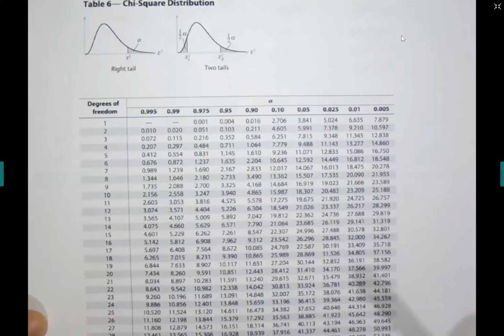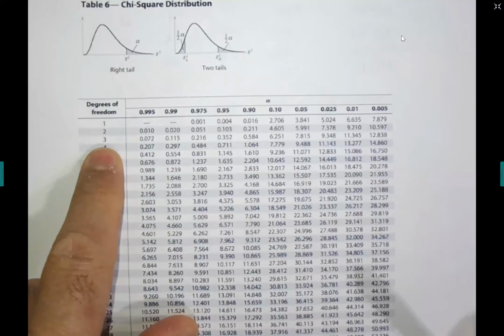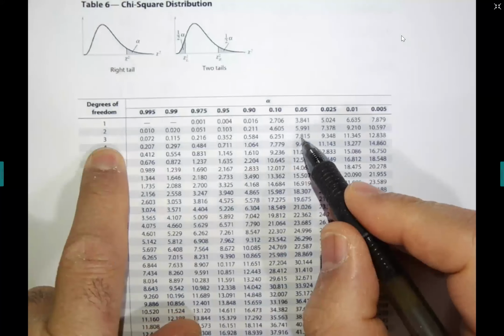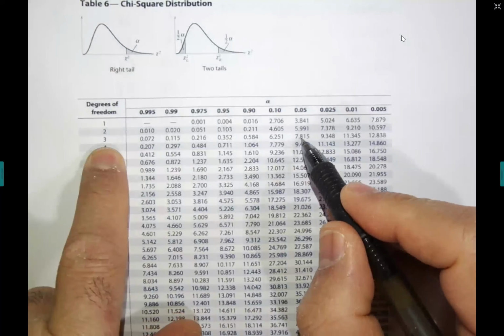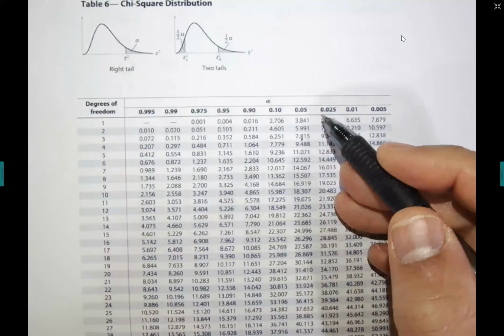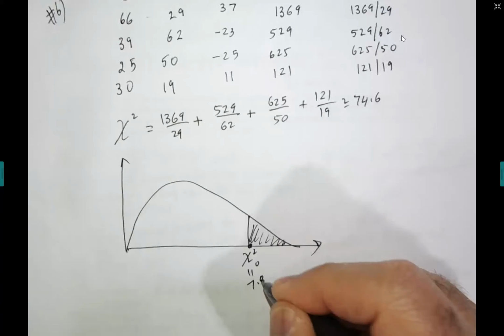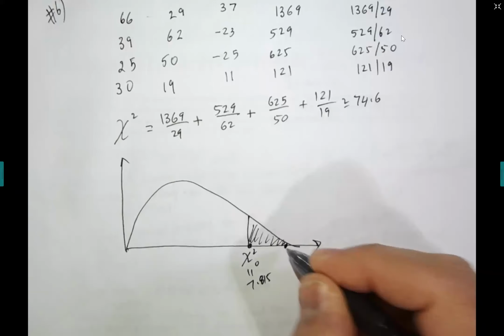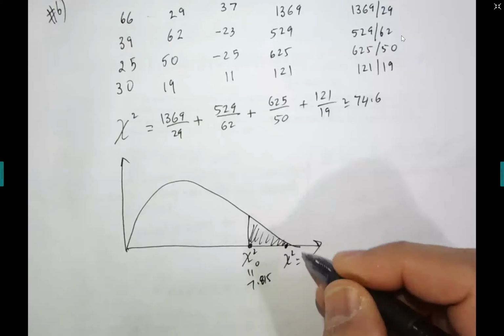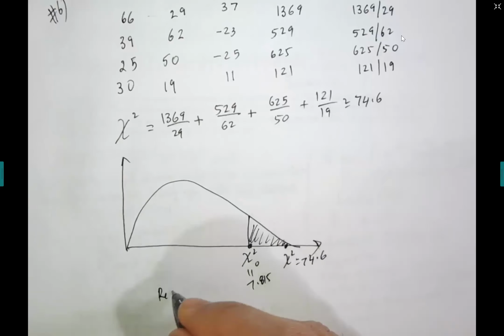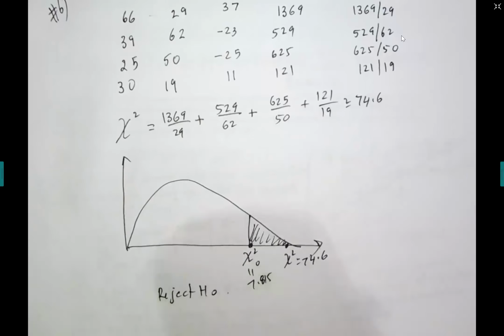So watch, guys. 3 right here and 5% right there. So I got 7.815. And your test statistic is about 75, guys, so it's going to be way to the right. So you reject what? H0, and you get the same results as we did with the calculator.